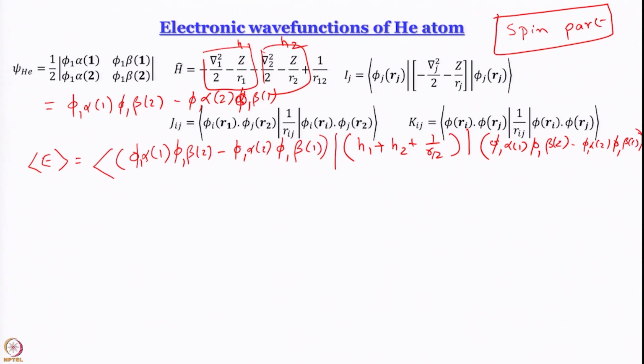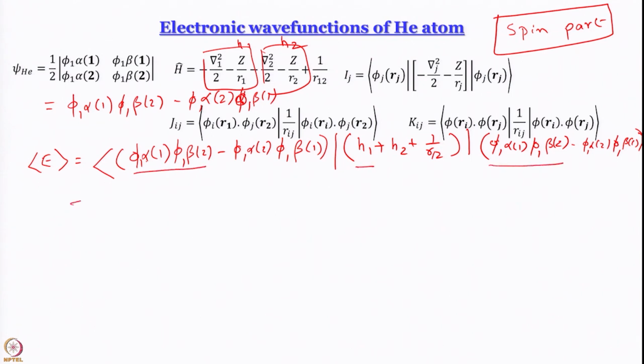We can take care of the spin part, or rather the spin parts sort of take care of themselves, we will see how. Now here when we expand, what will the first term be? For the first term I can take this and H1 and this.